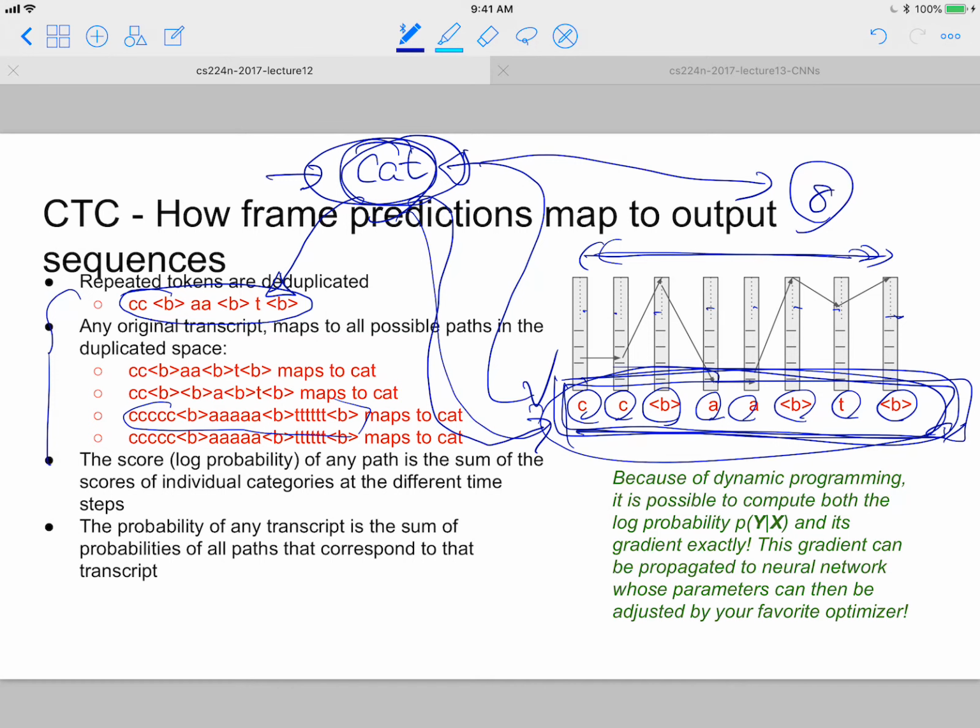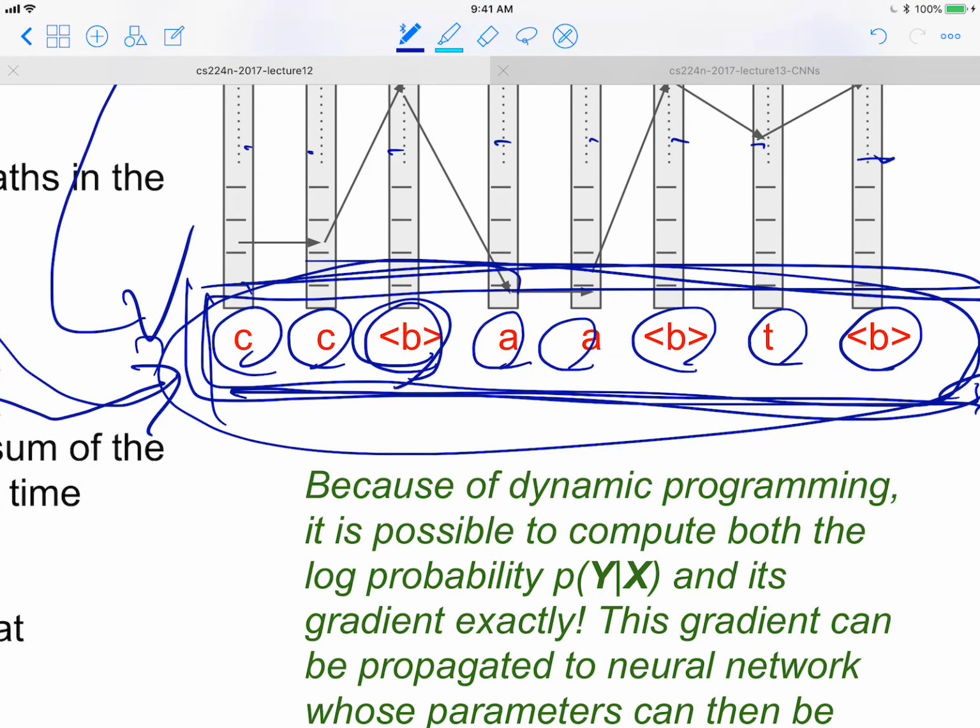And what does that mean? What is the meaning of this B? It's just a break, right? It basically represents generating no sound.